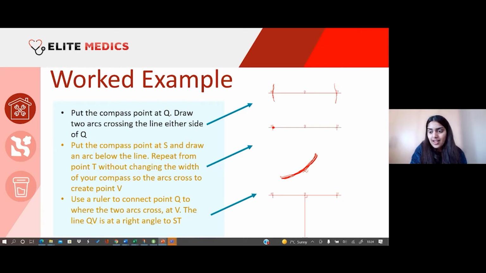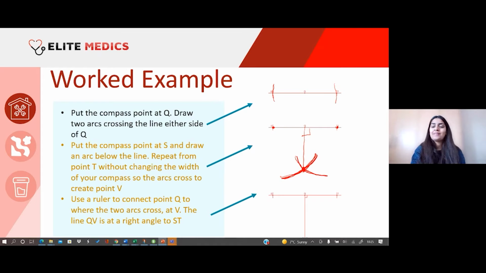Once you've done that, again, repeat from point T. Put the pointy bit on point T and then draw another arc without changing the width of the compass. Draw another arc of this sort that crosses at a point V. Once you've done that, all you have to do is use a ruler to connect point Q and point V. As you can tell, my diagram's not very accurate because I'm not drawing it with a compass.